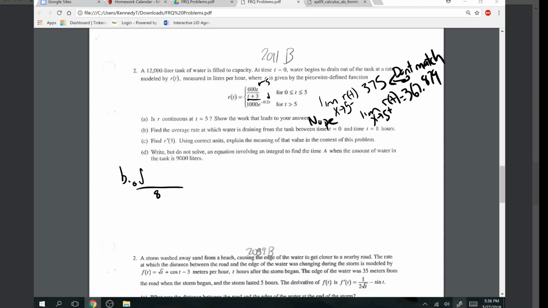We have the integral from 0 to 5 of the nice function, 600t over t plus 3 dt. And then we add to this the integral from 5 to 8 of 1000 e to the negative 0.2t dt.